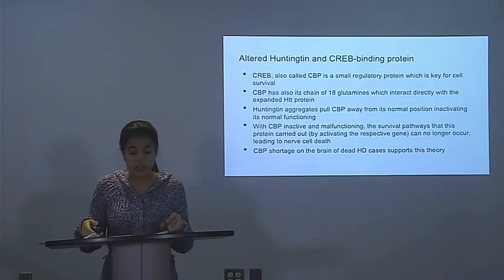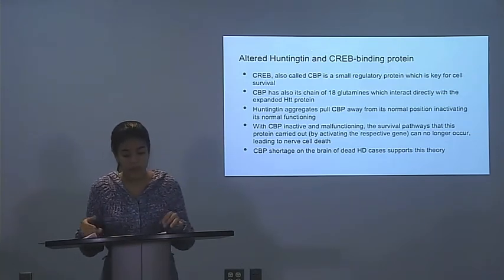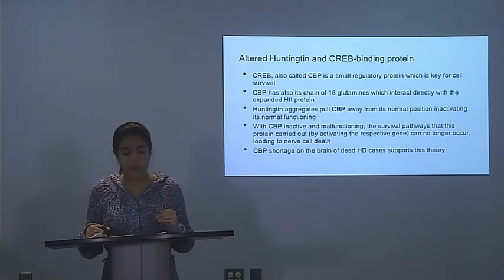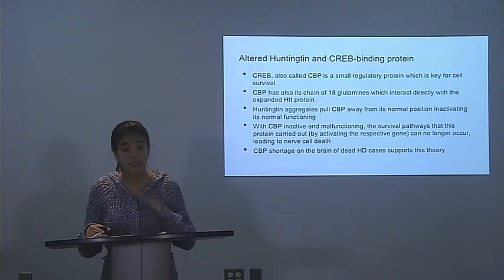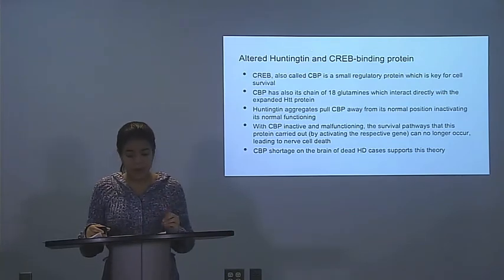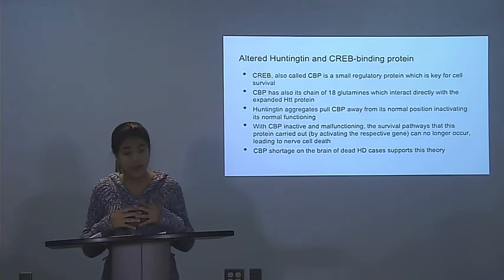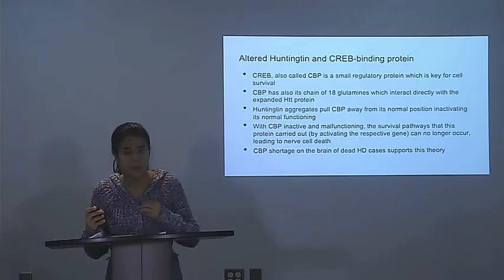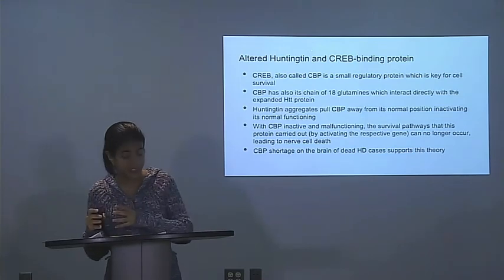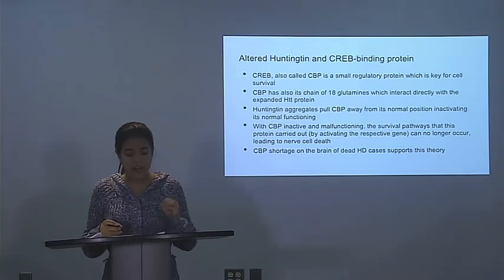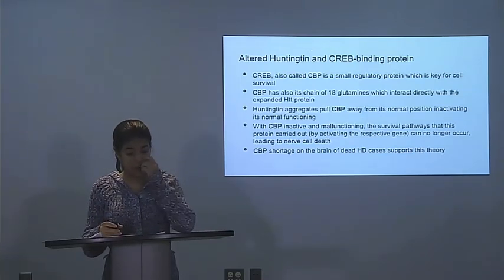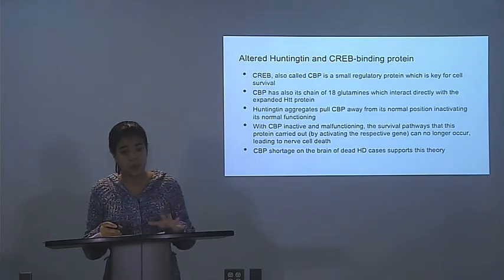So now I'm going to talk about the altered Huntington and CREB binding protein. CREB, also called CBP, is a small regulatory protein which is key for cell survival. CBP also has a stretch of 18 glutamines which interact directly with the expanded HD protein because it also contains glutamine. Huntington aggregates pull CBP away from its normal position, inactivating its normal functioning.